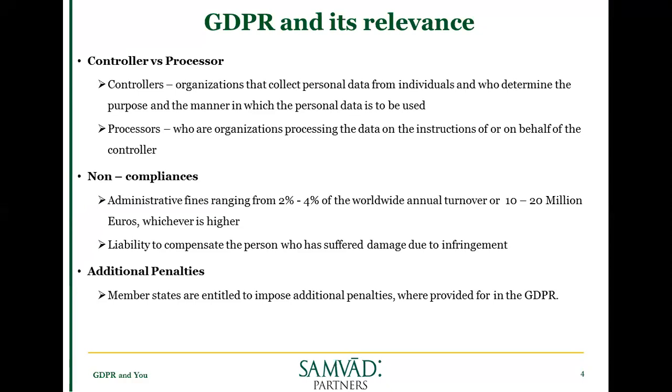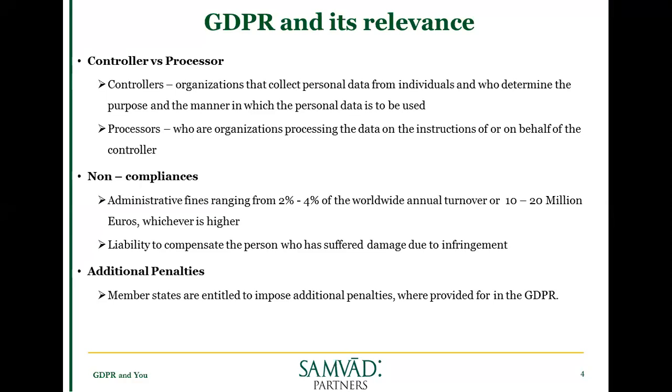A processor, on the other hand, is merely an organization that acts on the instructions of the controller and does certain actions on behalf of the controller. So in that sense, they are one step lower than the controller. In the next part of our presentation, we'll be dealing with specific obligations of controllers and processors and how you can identify whether you fall under any one of these buckets or both.